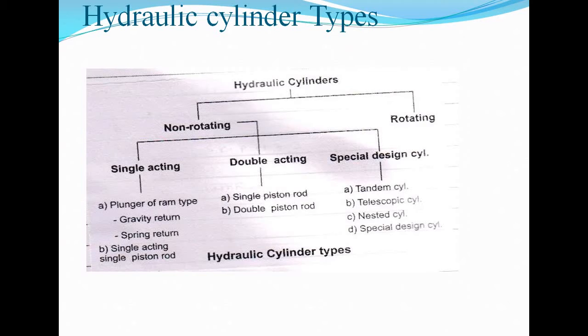Under double acting non-rotating cylinders you can see a single piston rod and double piston rod, these are the two types. And under special design cylinders, tandem cylinder, telescopic cylinder, nested cylinder and special design cylinders, these are the four types.